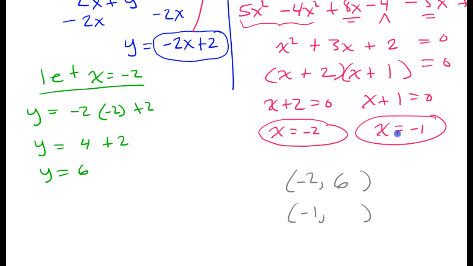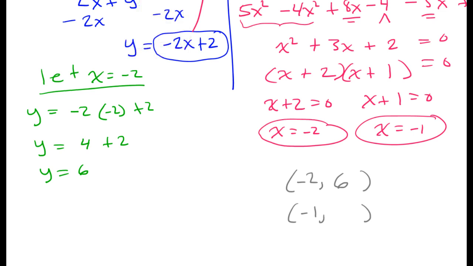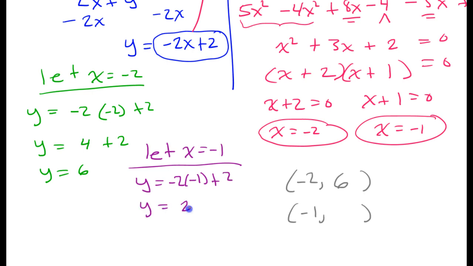Okay, now how about x equals negative 1? Alright, let me squeeze this in here. Let x equal negative 1. Okay, so this equation becomes y is equal to negative 2 times negative 1 plus 2. So y is equal to positive 2 plus 2.